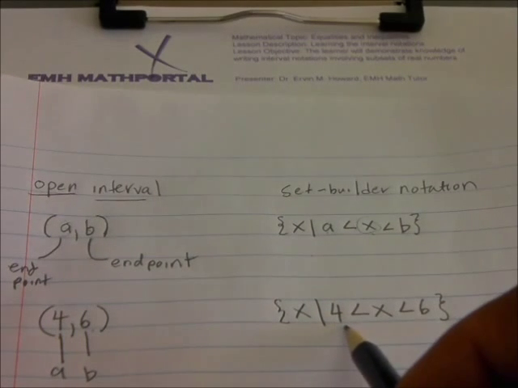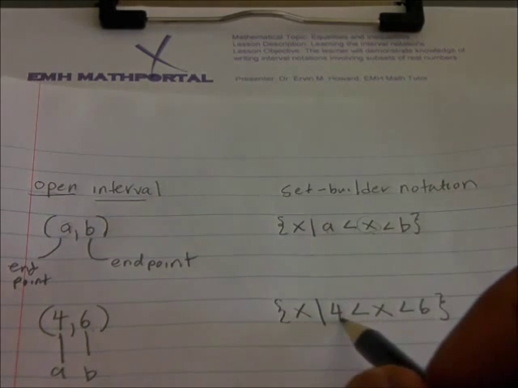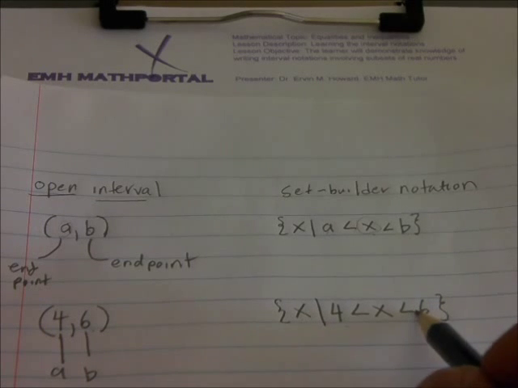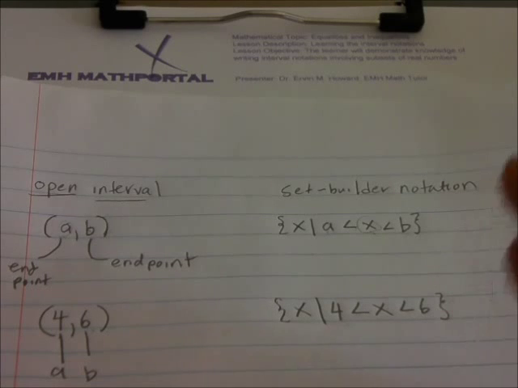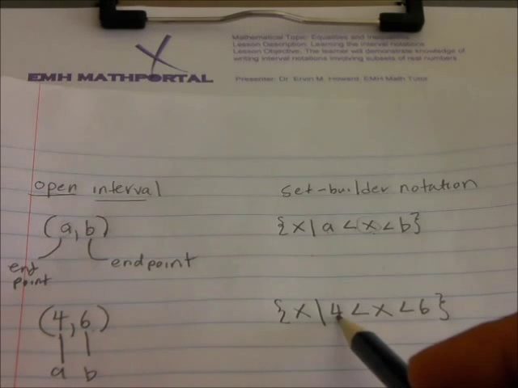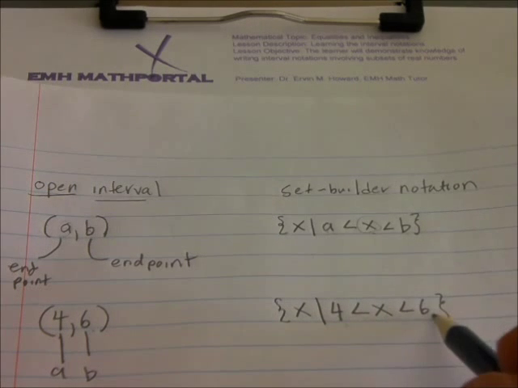This means that any number in between 4 and 6, 4 is less than X, but X is less than 6.